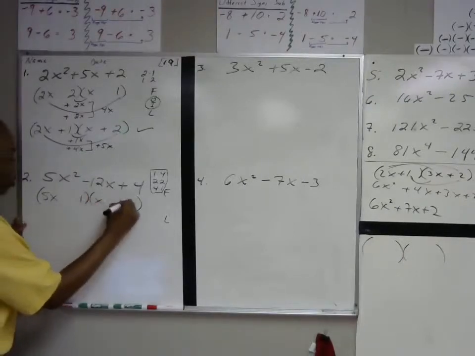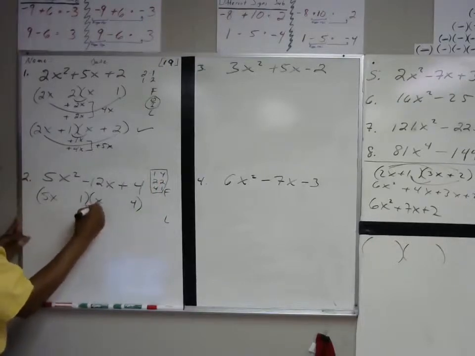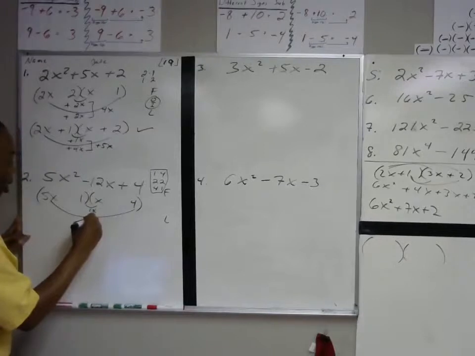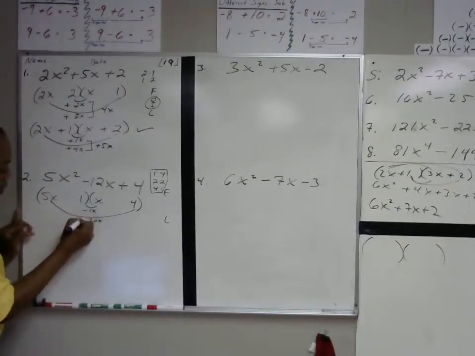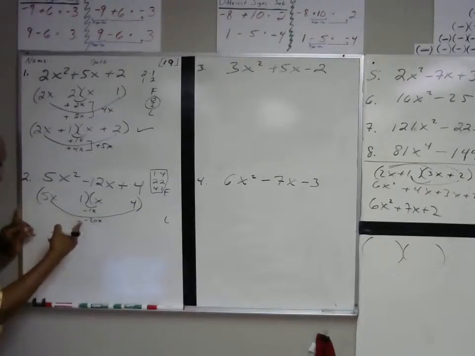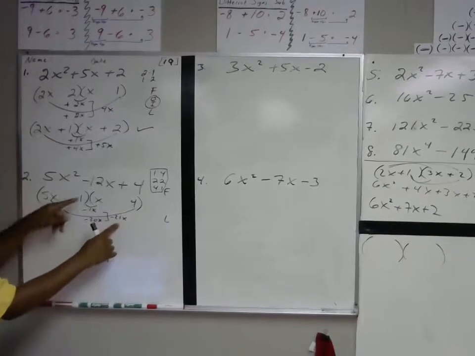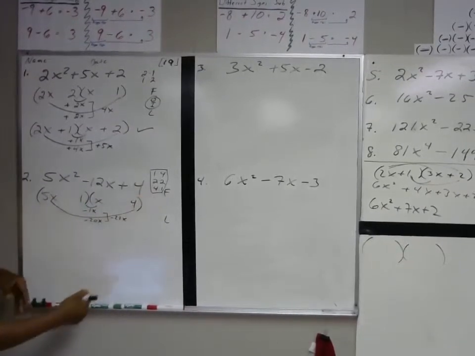We get a 1x here, and outside we get a 20x. So we need to use same signs on both of these, and we need to get a negative. And when I put them together, I will get a negative 21x. That doesn't match at all. Okay, so the 1-4 combination didn't work.